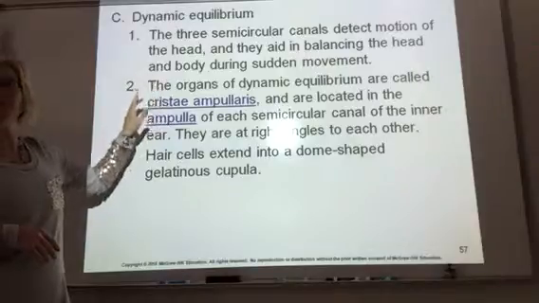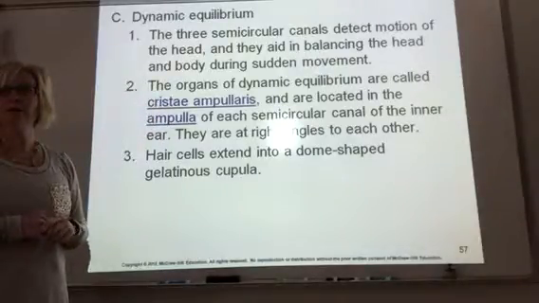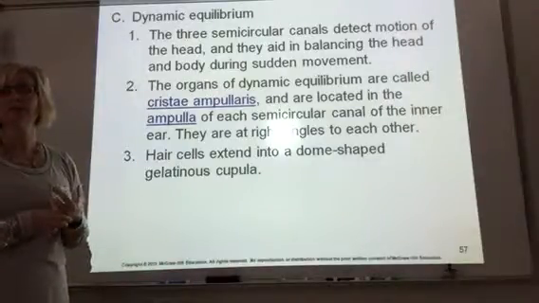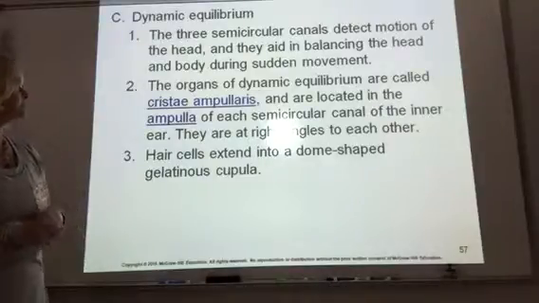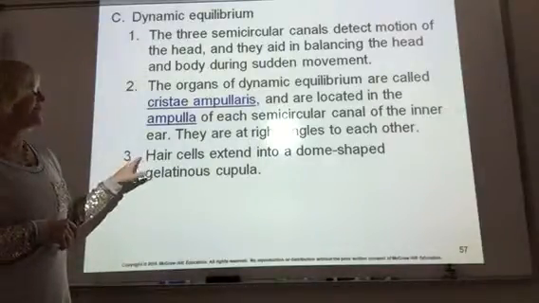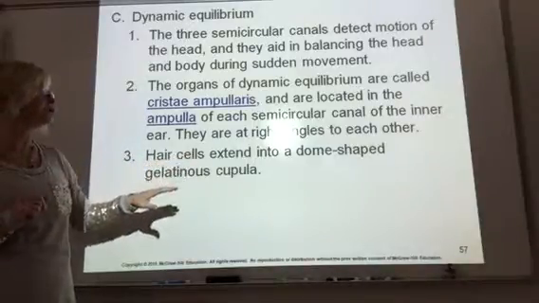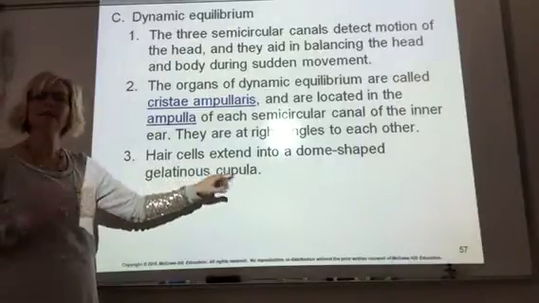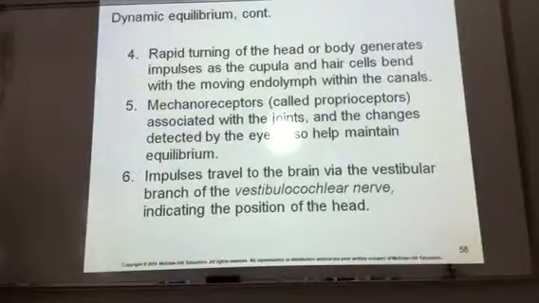So different parts of the ear deal with your different types of equilibrium. Static equilibrium is in a completely different part than your dynamic equilibrium. Hair cells here, though, work the same way. The hair cells are going to extend into a gel, and it's called a cupula, and that deals with the shape of what they extend into.